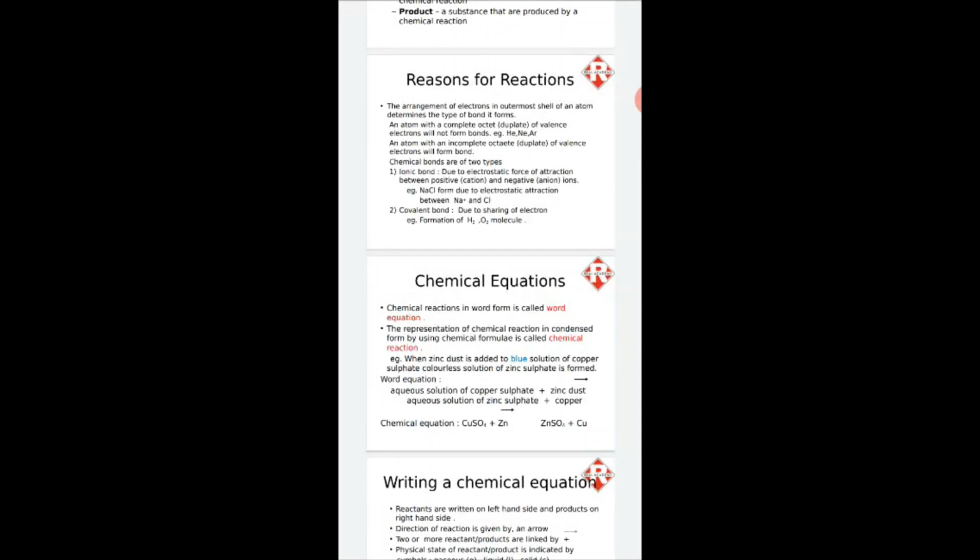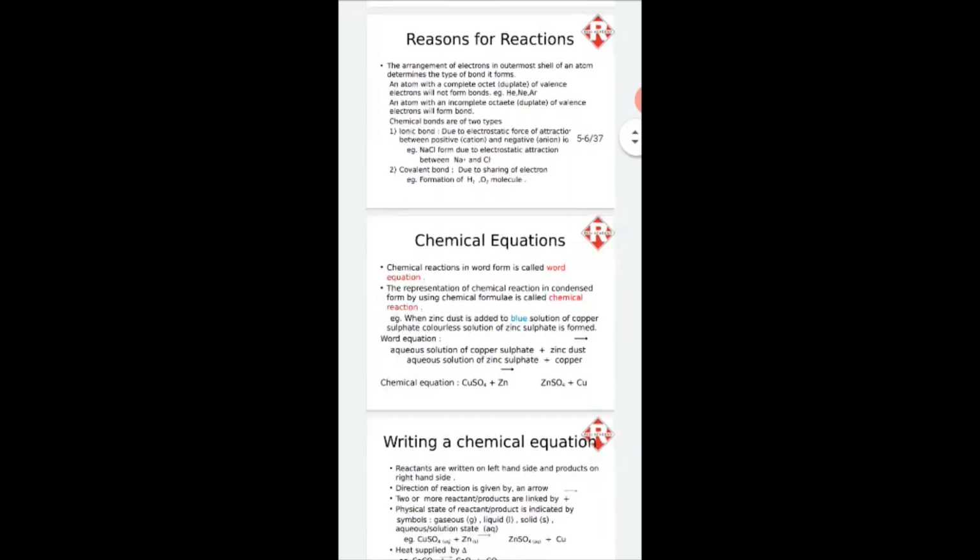Examples: helium, neon, argon, krypton, xenon, radon. Such elements fulfil their duplet as well as octet state. Hence they do not share, gain or donate electrons to other elements, and they are also called noble gas elements or inert gas elements.